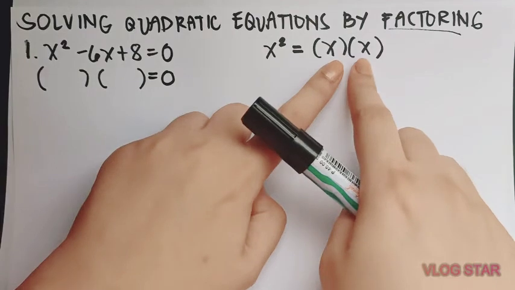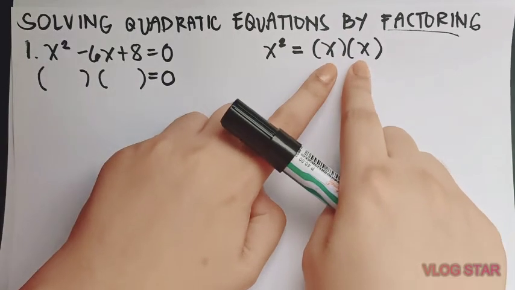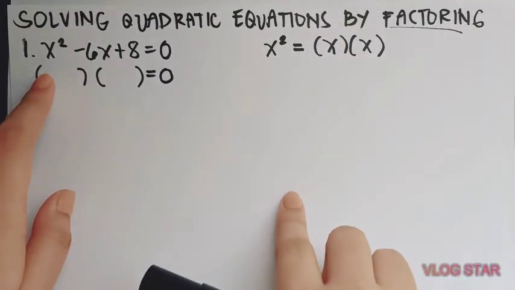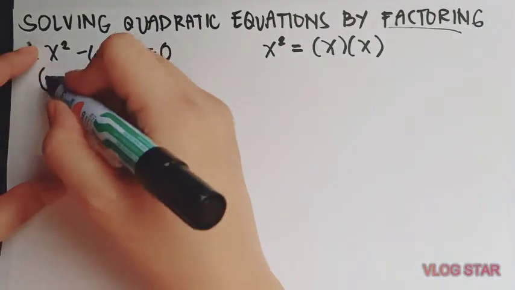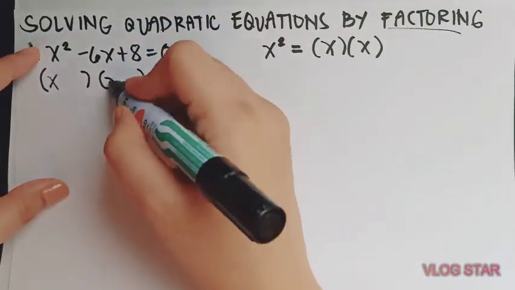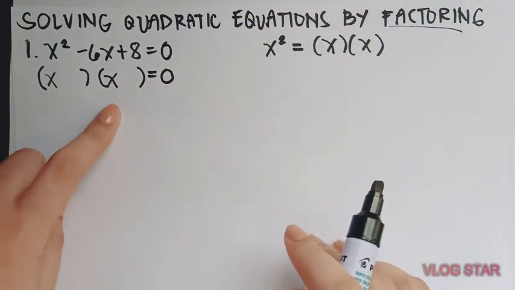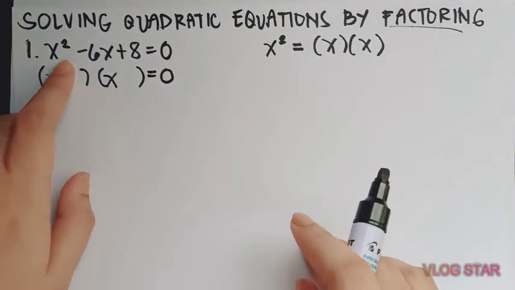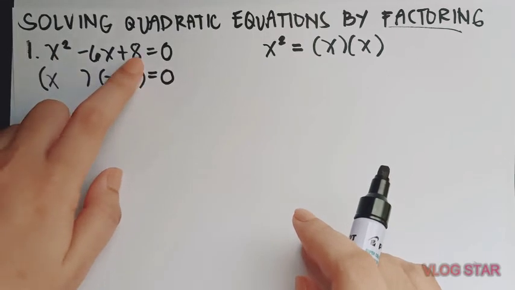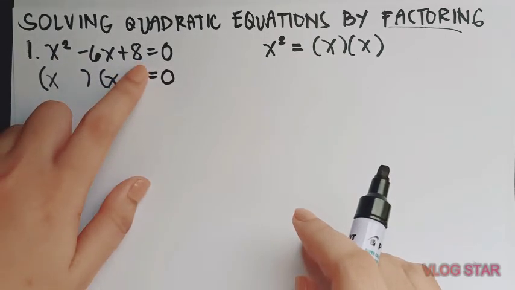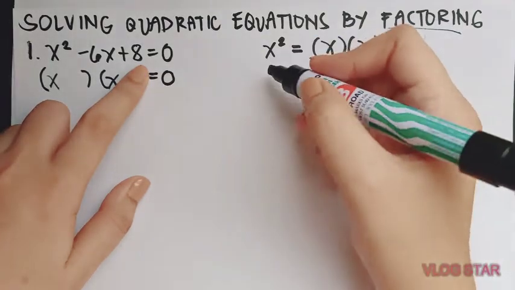Okay? So these are the factors, the terms that we're going to write inside the parentheses. So we have here x and x. After that, look back at the original equation and take the third term or c, and that is 8.